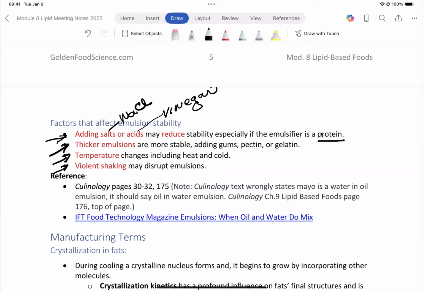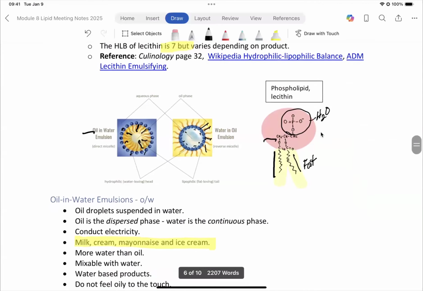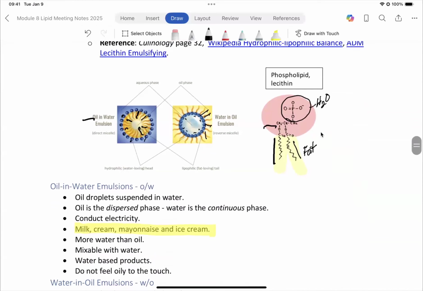But the emulsifier is not a protein. The emulsifier is lecithin. And lecithin is not a protein. Lecithin is a fatty acid. Here, this is lecithin right here. So this lecithin is not a protein. It's a fatty acid, so it won't be affected.